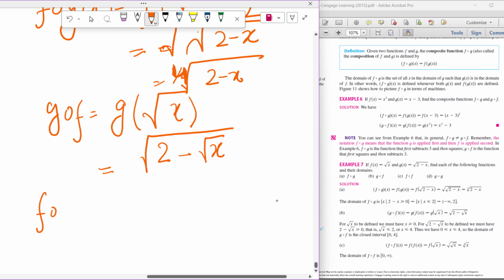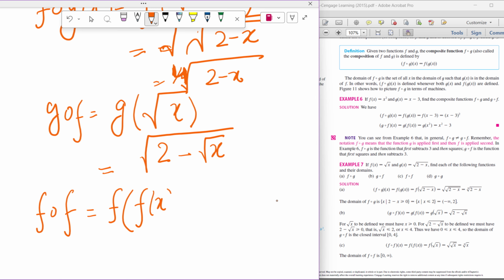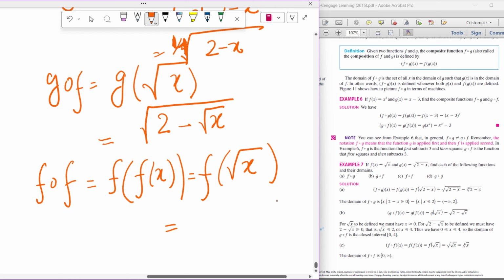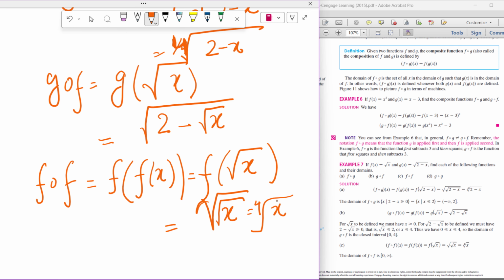Similarly, we can find f of f. So f of x is equal to under root x, so instead of x put again under root x. So it will be equal to x to the power 1 by 4.